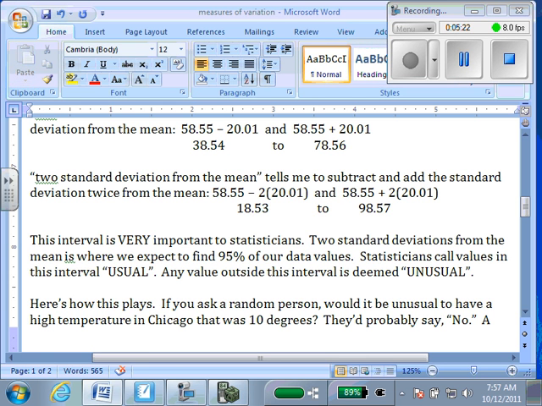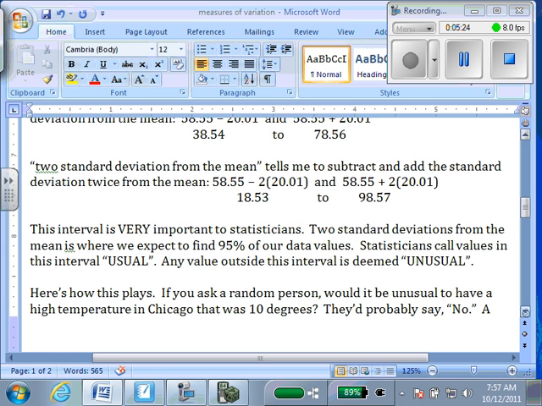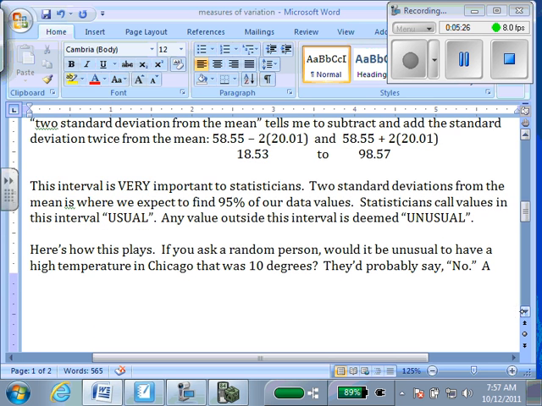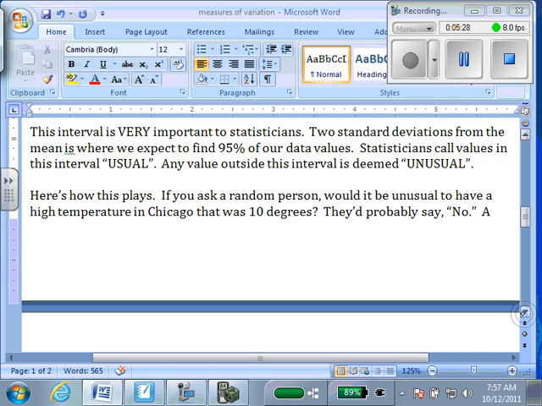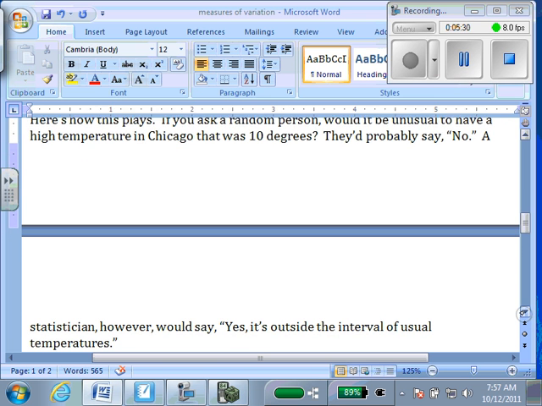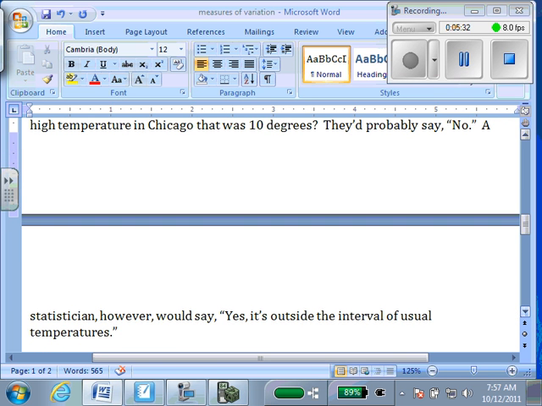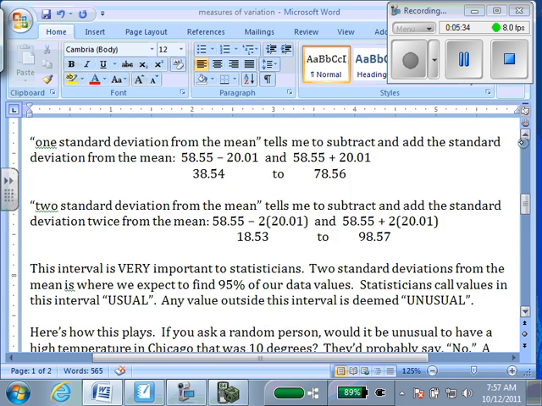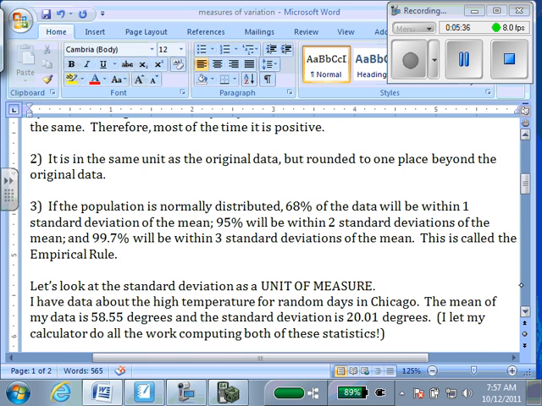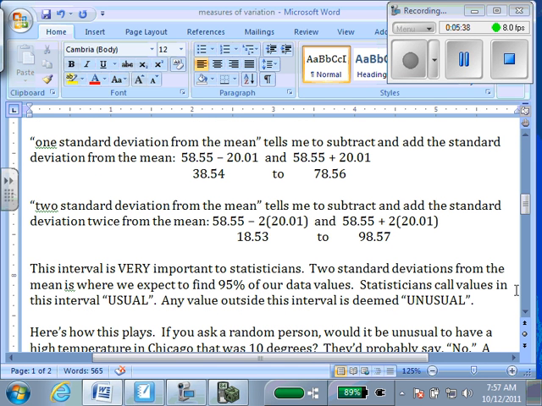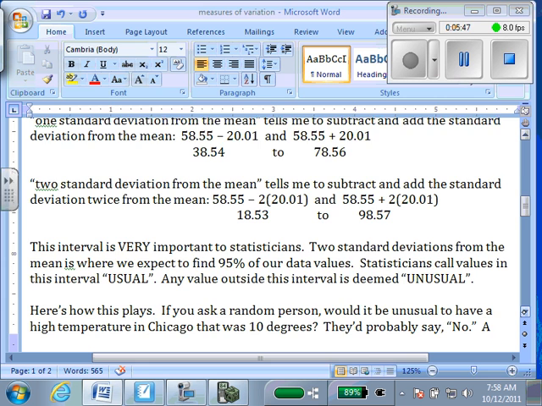They'd probably say no. A statistician, however, would say yes. It's outside the interval of usual temperatures, which is 18.53 degrees to 98.57 degrees. So 10 degrees is too low to be usual.